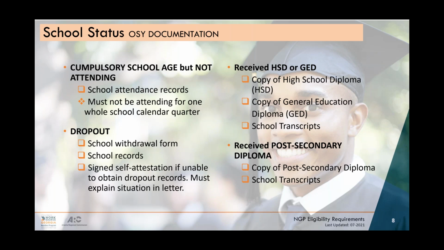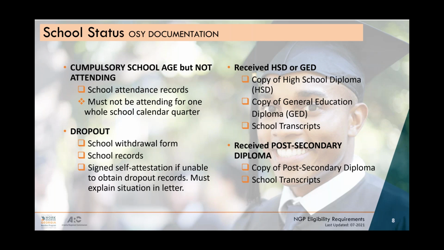A school calendar quarter is based on your local schools. If someone attends 1 or 2 days within that calendar quarter, then they're not considered under this category. They have to have completely not attended for at least one whole quarter. Honestly, with our Georgia state schools, if a student hasn't been attending for a whole quarter, they'll usually just drop them out, so we don't usually have this category.